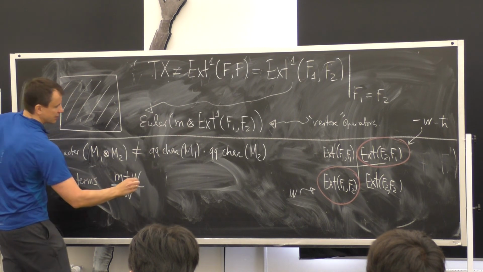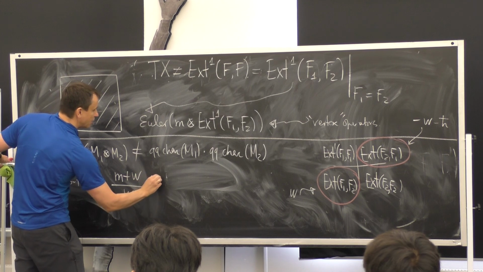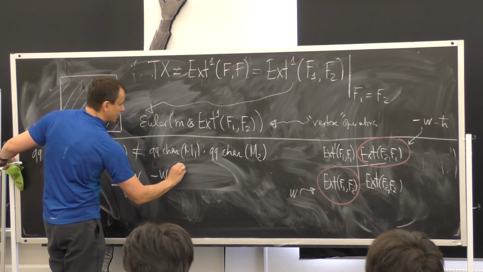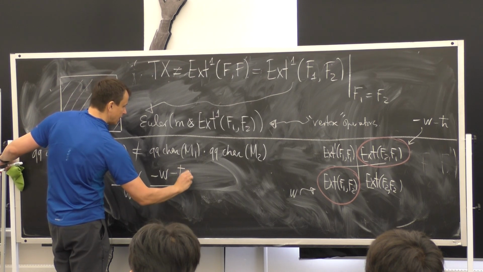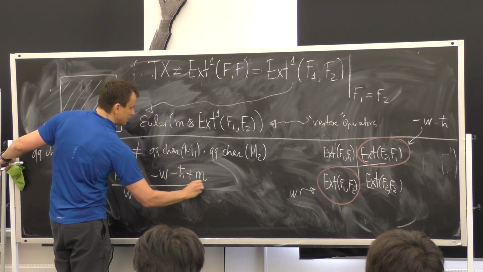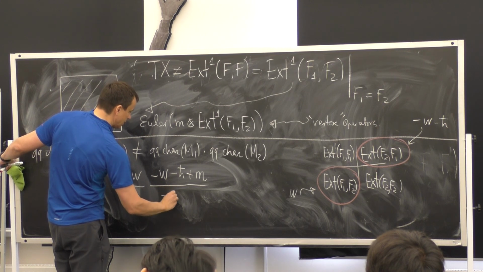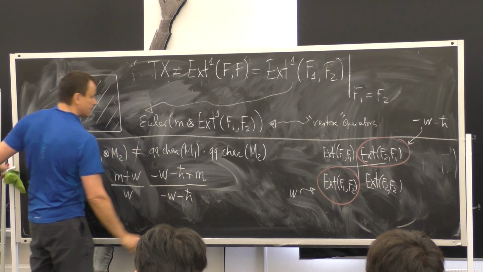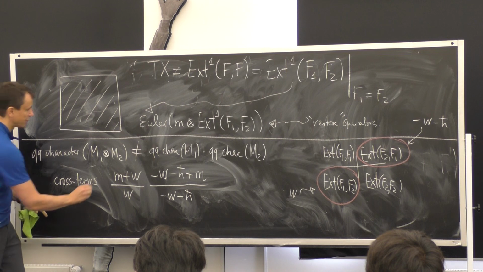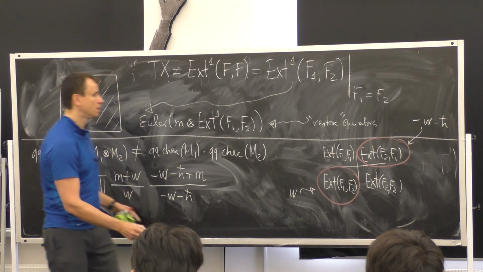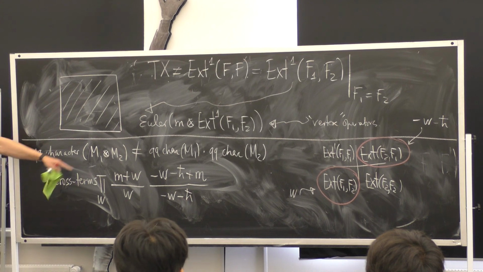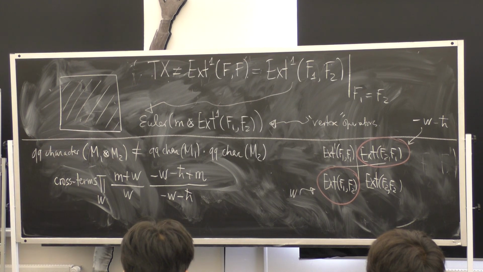I'll just write in localization form, times minus w minus h bar plus m divided by minus w minus h bar. This is the extra terms, like a product over all w, the way it's here.